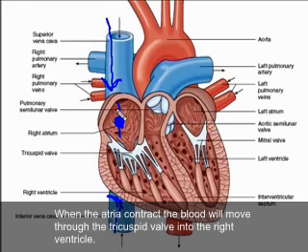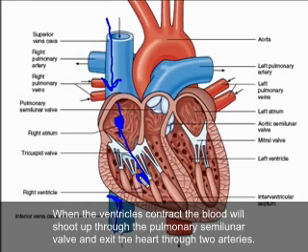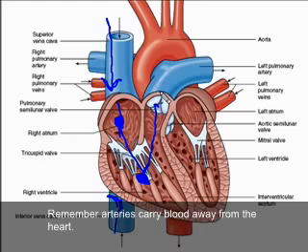When the atria contract, the blood will move through the tricuspid valve into the right ventricle. When the ventricles contract, the blood will shoot up through the pulmonary semilunar valve and exit the heart through two arteries. Remember, arteries carry blood away from the heart.